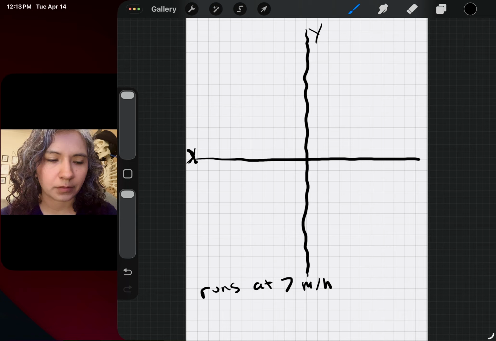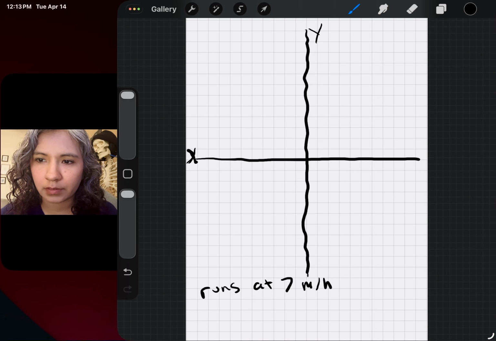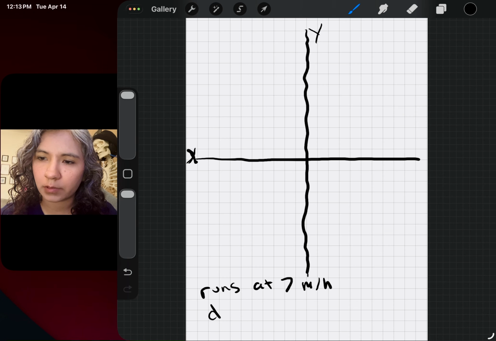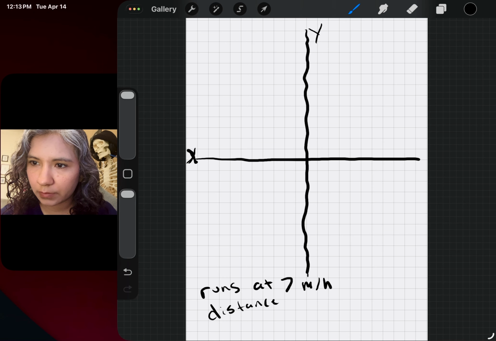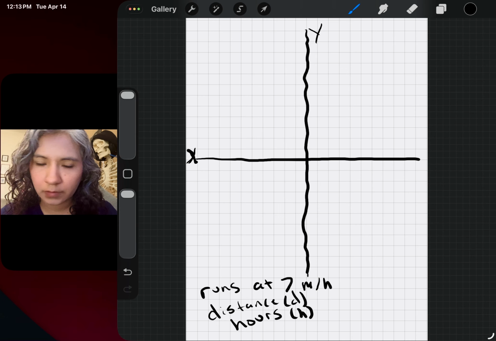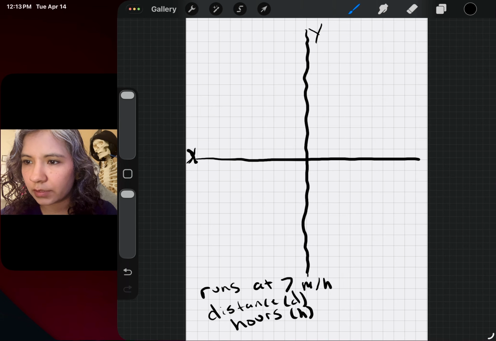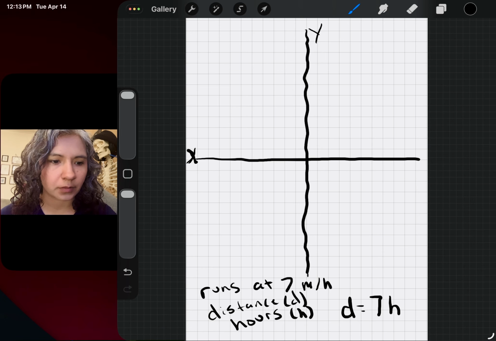So then we can graph the distance d in miles that that person runs as a function of the number of hours, h. So it can be written as the distance equals 7h, because it's 7 miles per hour.